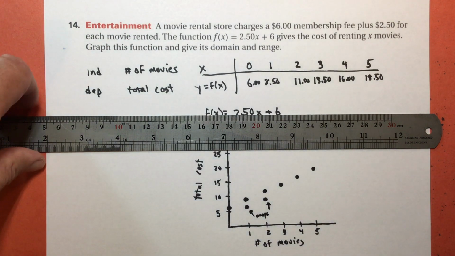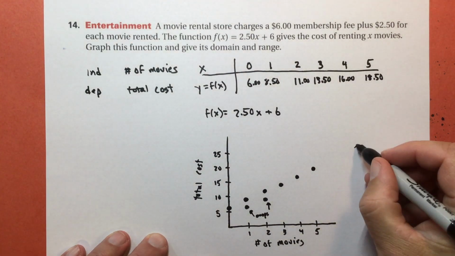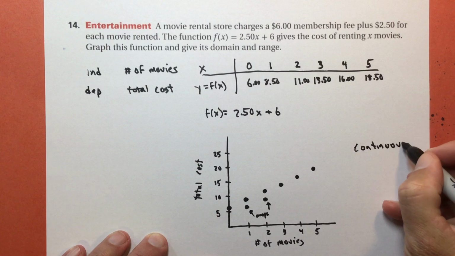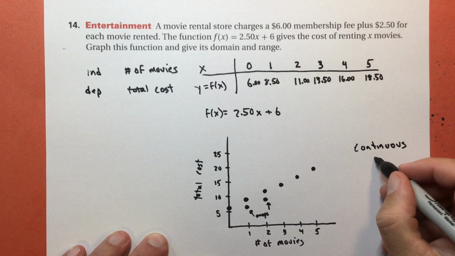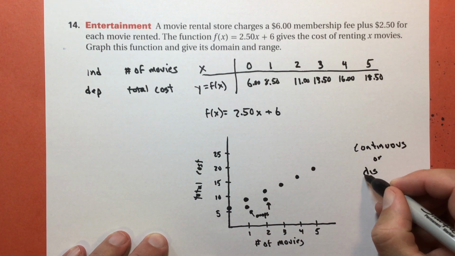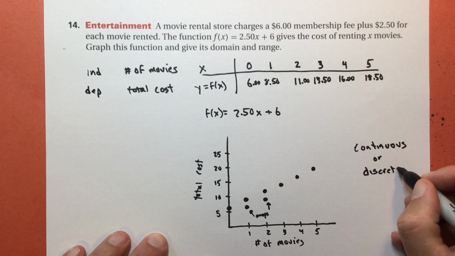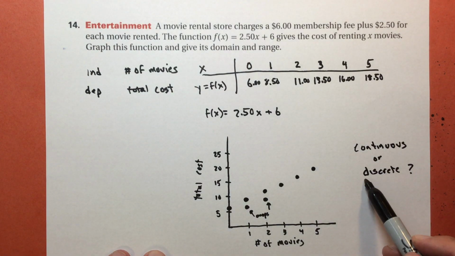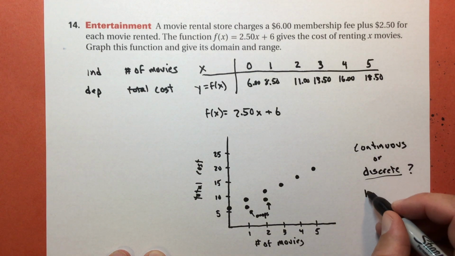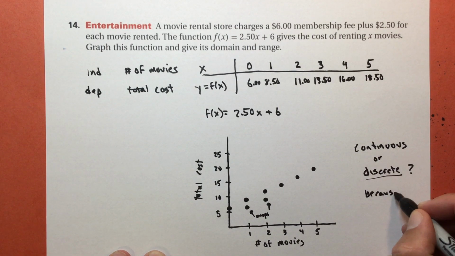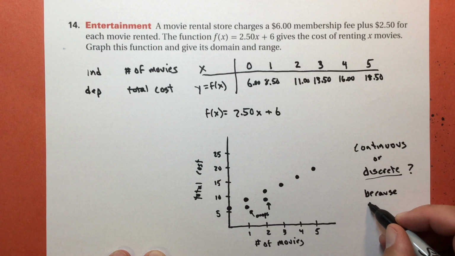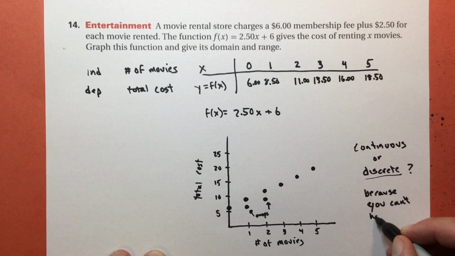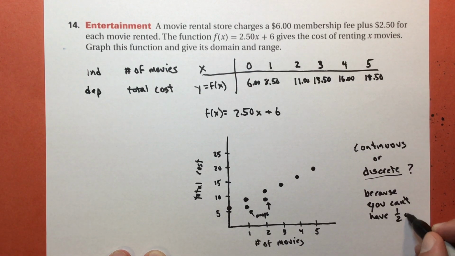Okay, so now the last question is, is this continuous? And do I connect them all? Or is it discrete? And the answer is, it is discrete, because you can't have half of a movie.